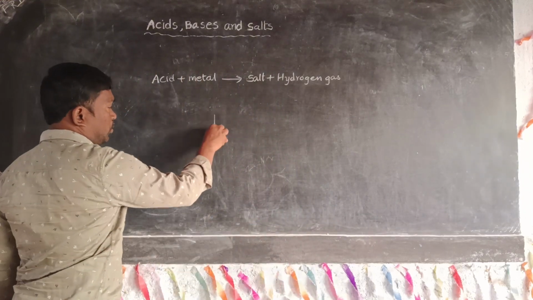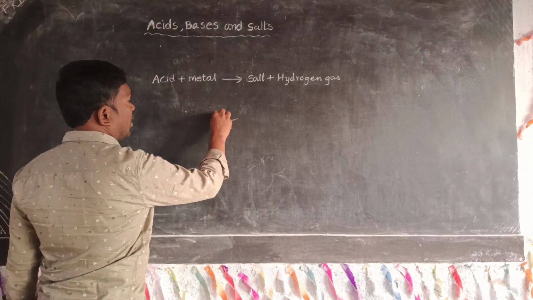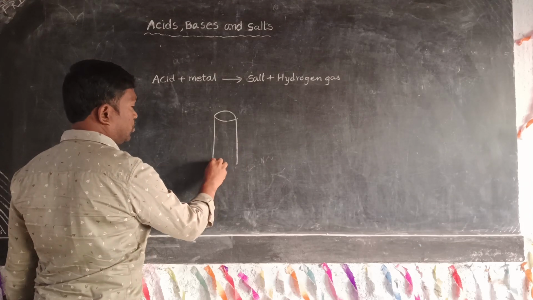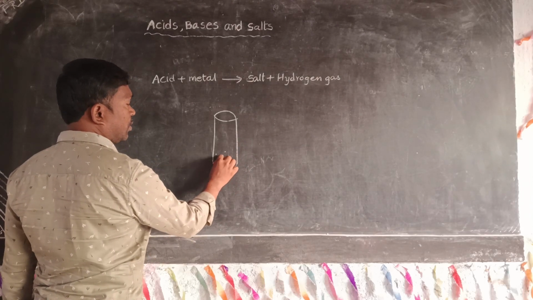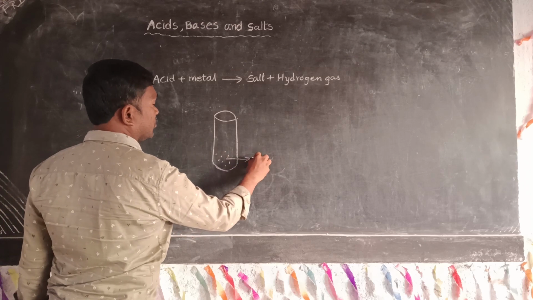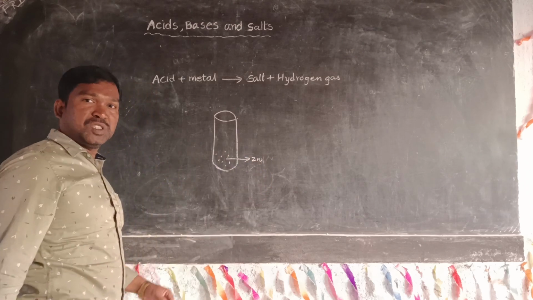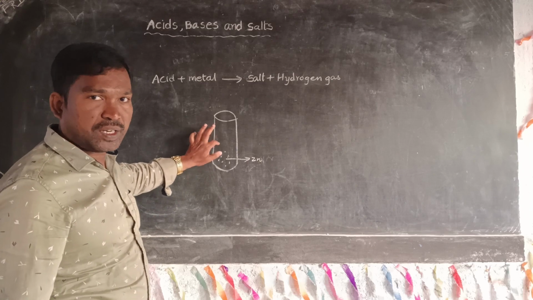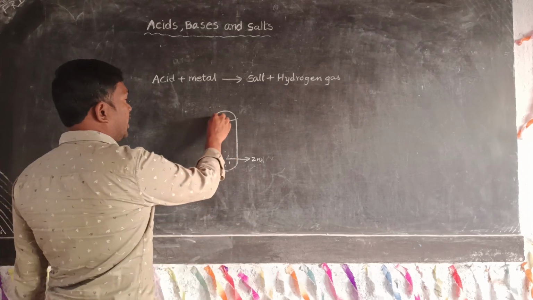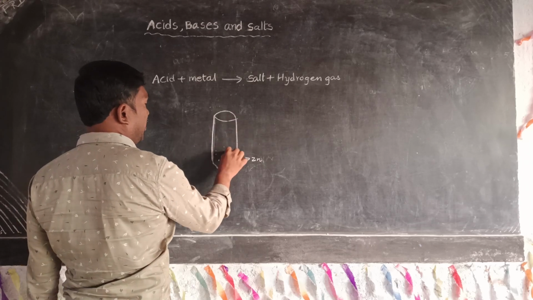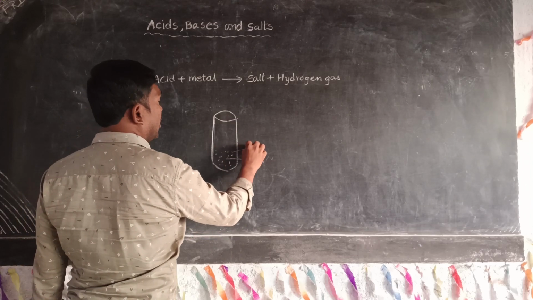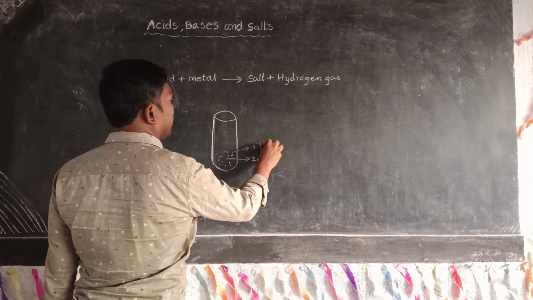Take a test tube. Pour some zinc granules in the test tube. Add 2 ml of dilute NaOH.